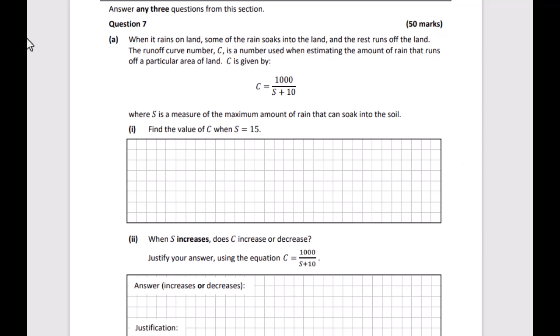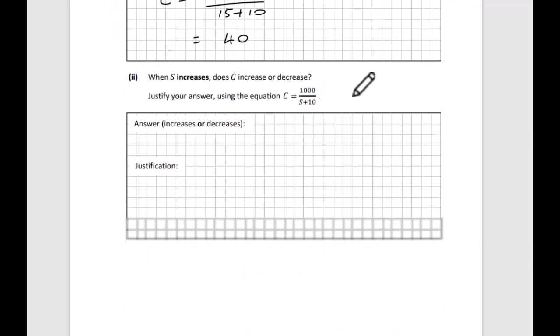Okay, so straightforward enough here, I think. So we have C is equal to 1000 over the S here, which is now going to be 15, so it's 15 plus 10. So it's 1000 divided by 25, and that's just 40. Okay, second part.